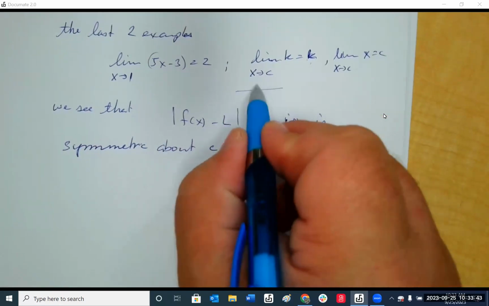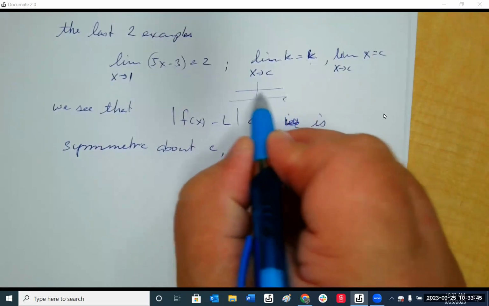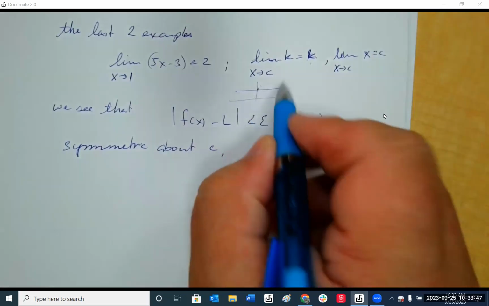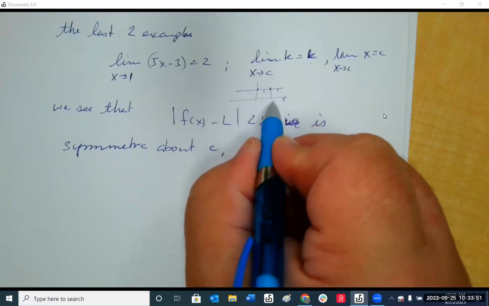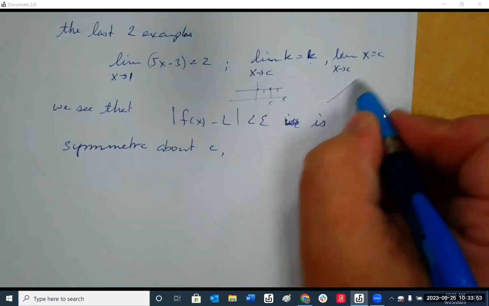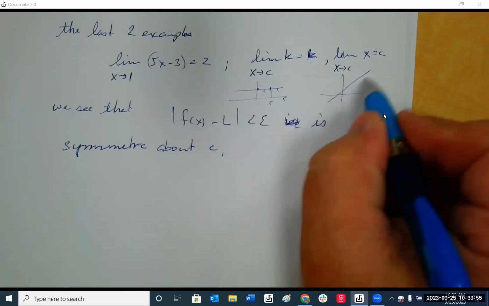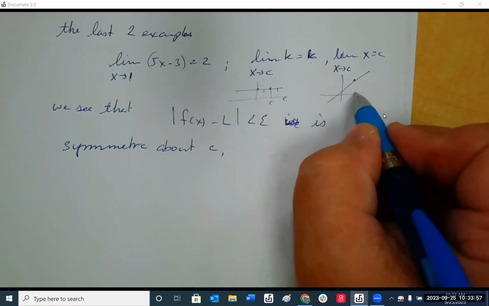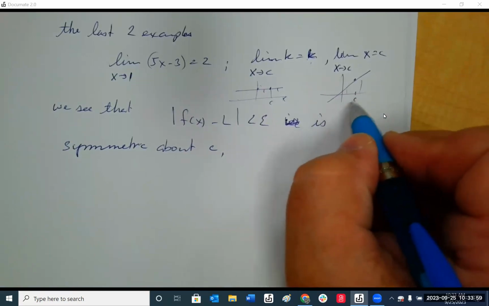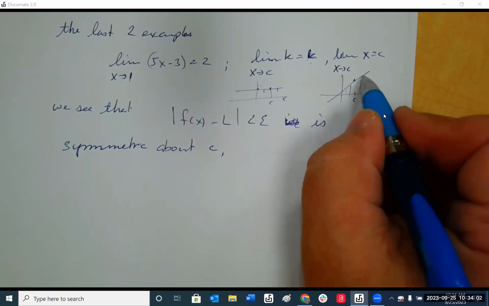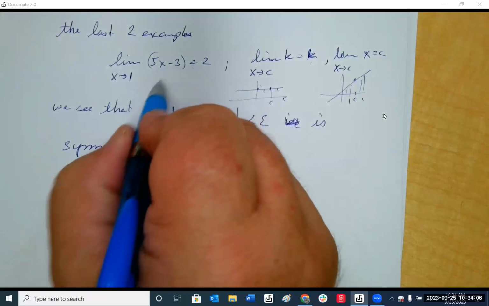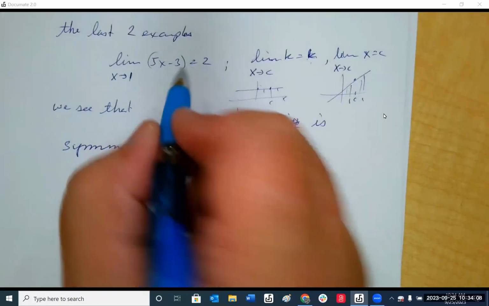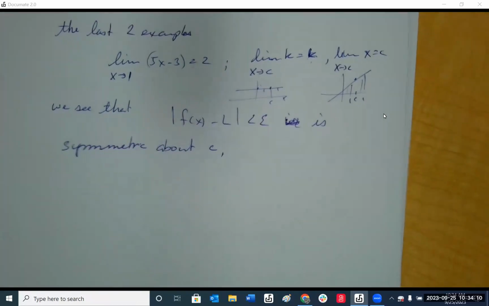So since it's a constant, here are our x values, this is our value k. Any value we take, it's symmetric about some point c. Likewise, this one is a linear equation. Any point we take, it's symmetric about some point c. We have equidistance: if it's one below, one higher. This one also, since it has a finite limit, we see that they're symmetric.